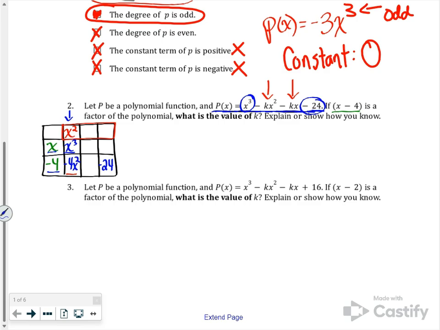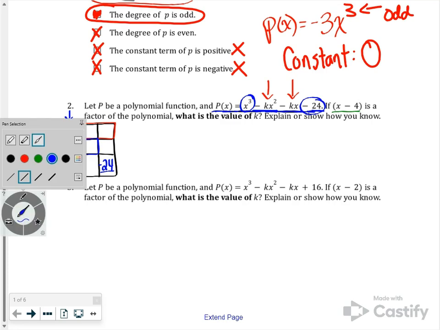So whatever is in this box right here, that's a quadratic term, is going to add up with this quadratic term, and it is going to make negative kx squared. We don't quite know what that number is yet, so now we're going to start at the negative 24 and try to work our way backwards.